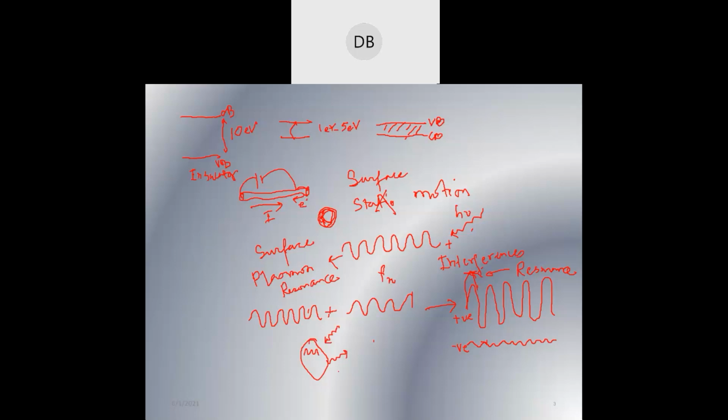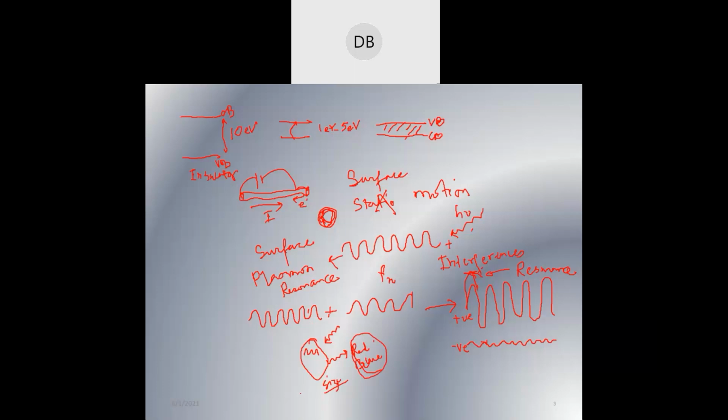So if the frequency at which the resonance happens is red, then you are going to see red. If it is at blue, you are going to see blue. That's how it happens. And this resonant frequency depends upon the size of the nanoparticle, mainly because the size decides the number of electrons that are available on the surface.